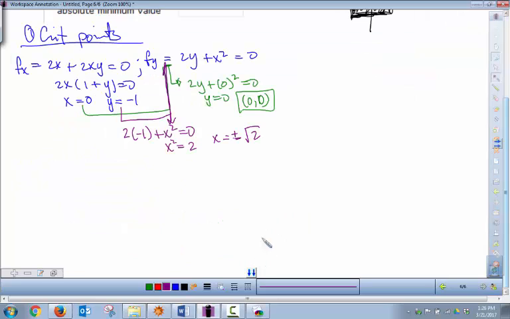So here I've encountered two more critical points: x is equal to plus square root of 2 and y is equal to 0, and x is equal to negative square root of 2, y is equal to 0.